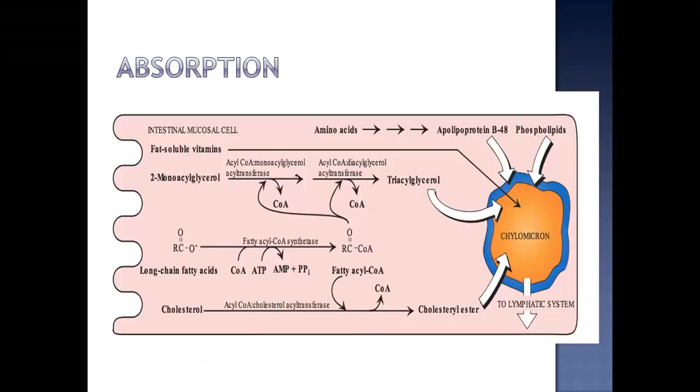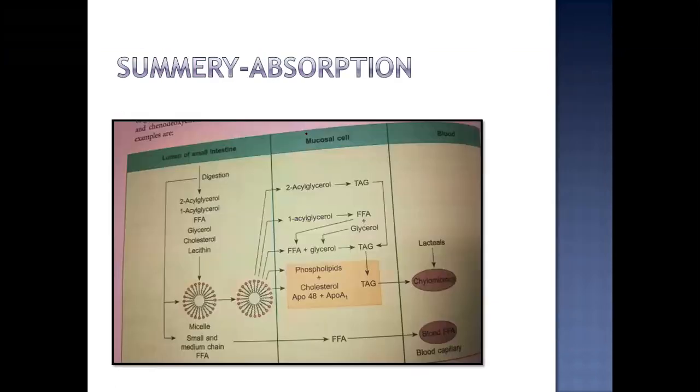Okay, fine. So if we see what happens, these are our digested products. With the help of micelle, they will come into the intestinal mucosal cell. This free fatty acid and glycerol will combine and form triacylglycerol.